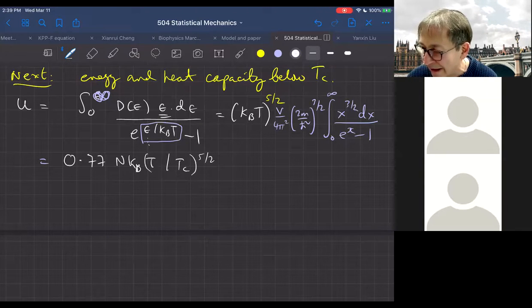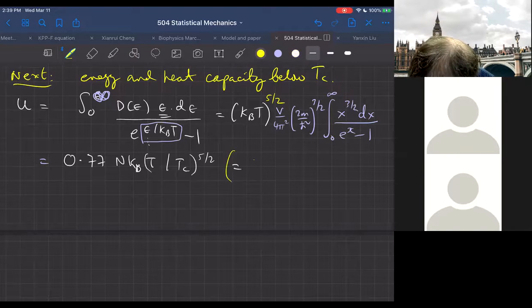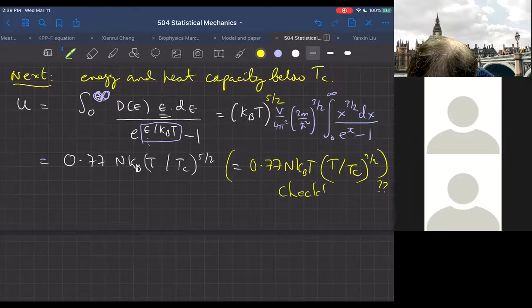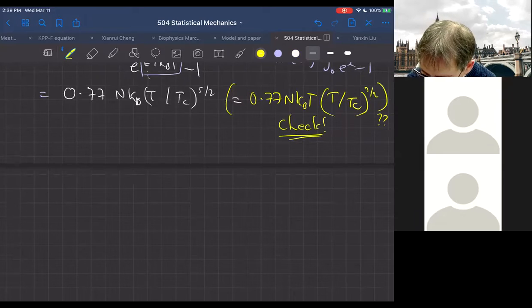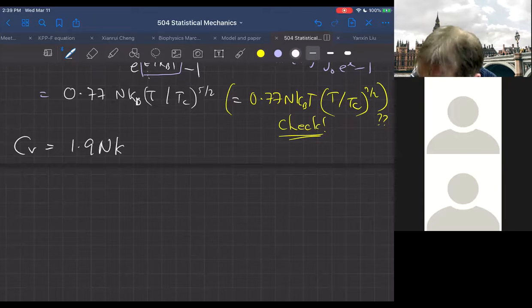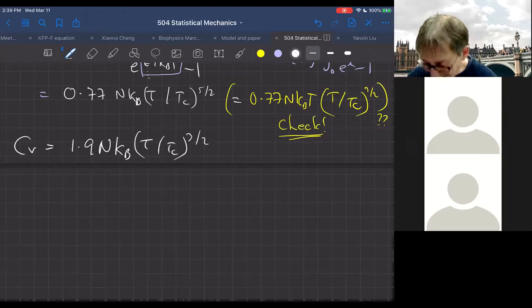I'm not sure, there's a typo, so you can check it. So that's the internal energy, and if we compute the heat capacity, then the heat capacity at constant volume is just 1.9 N kB T over Tc to the power 3/2, and that one is correct.